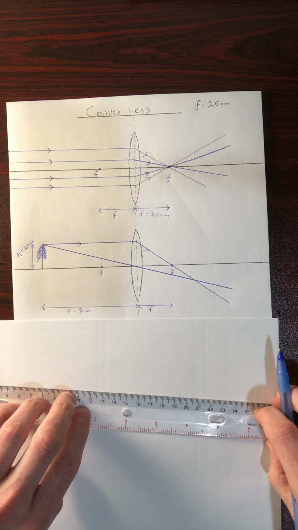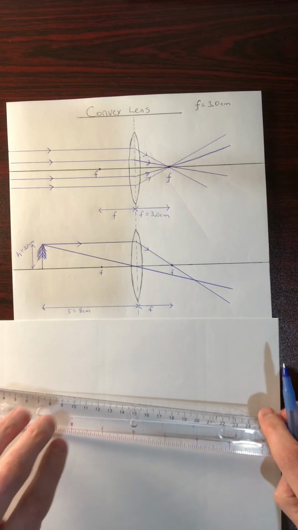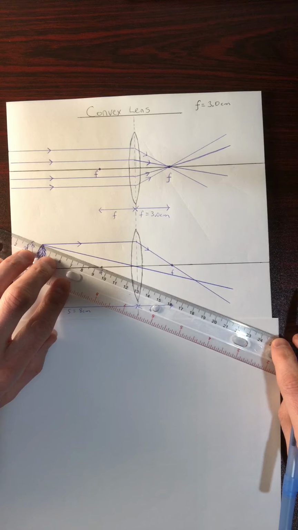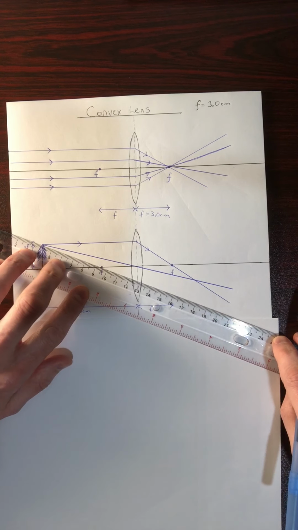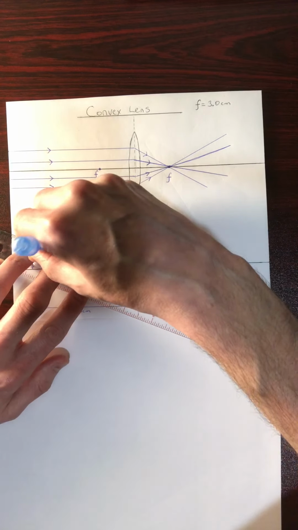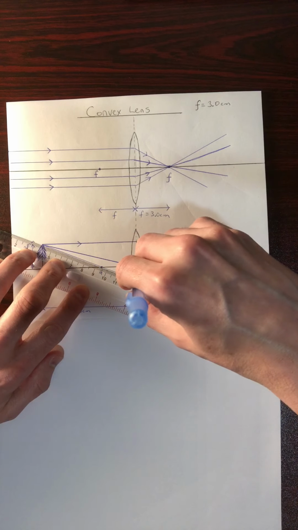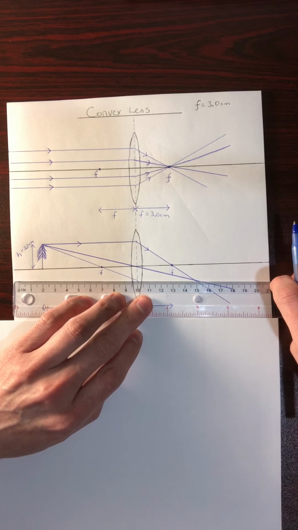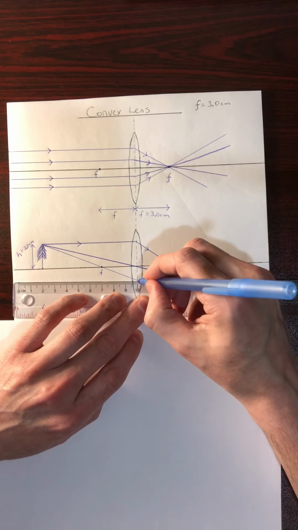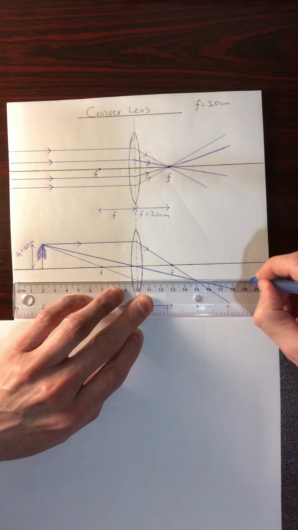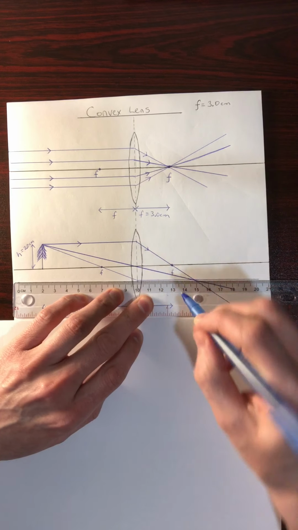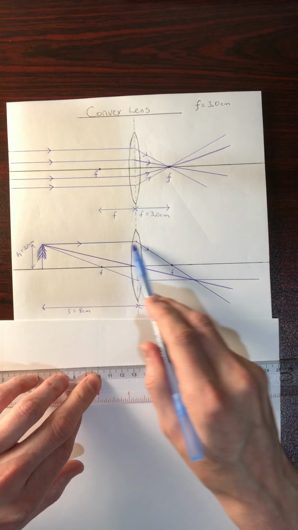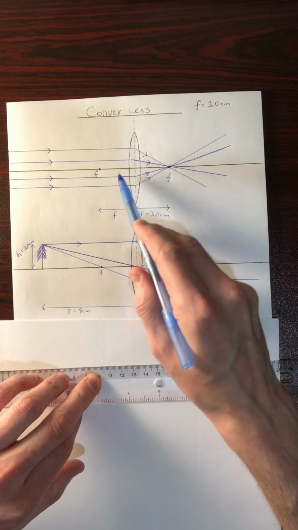Now, we could as well do a third line to trace things out, and that's going to be through the focal point. If we pass it through the focal point from the top of the object, it's going to then end up parallel to the optical axis. So that is effectively mirroring what went on with this, and it's also mirroring what went on up here, right?